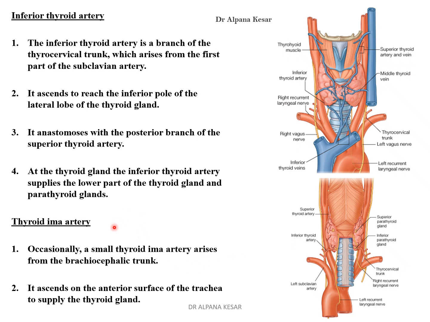Thyroid ima artery is an artery which may be occasionally present. It is a small artery that arises from the brachiocephalic trunk and contributes to the blood supply to the thyroid gland. It ascends on the anterior surface of the trachea to supply the thyroid gland.